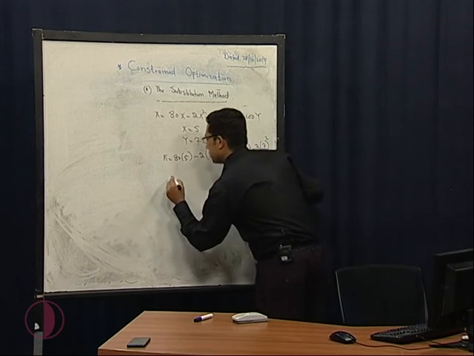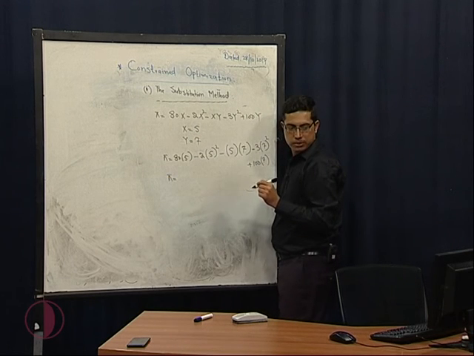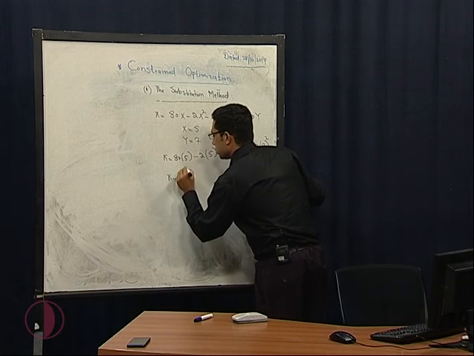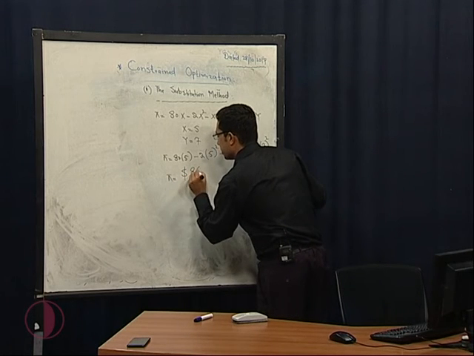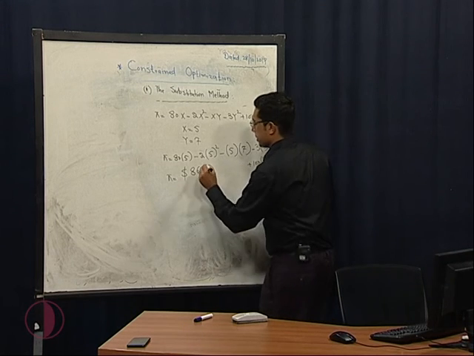After solving this equation, we can write the total profit of the business firm is $868.